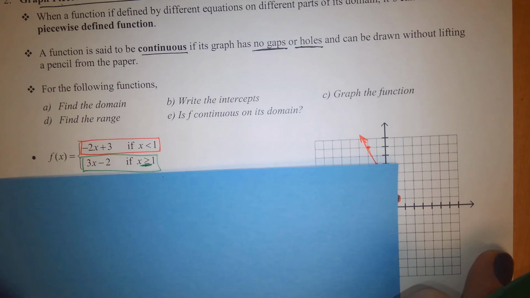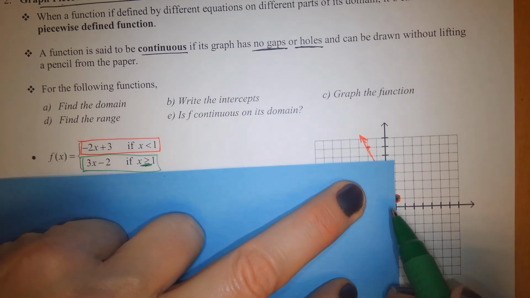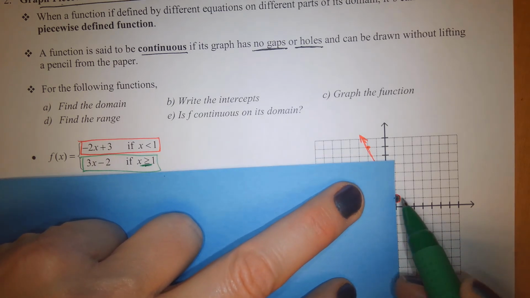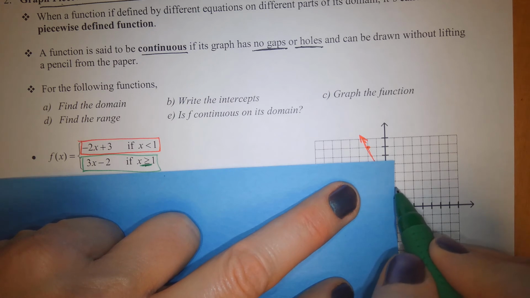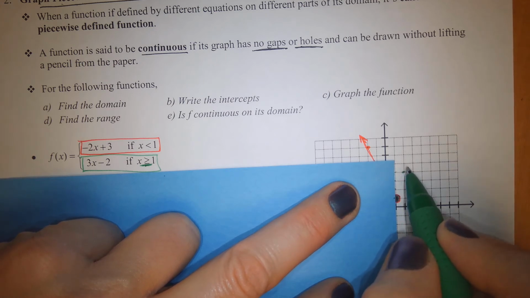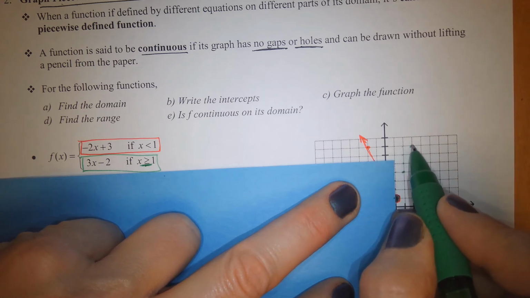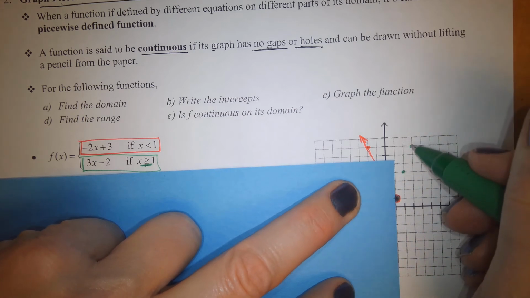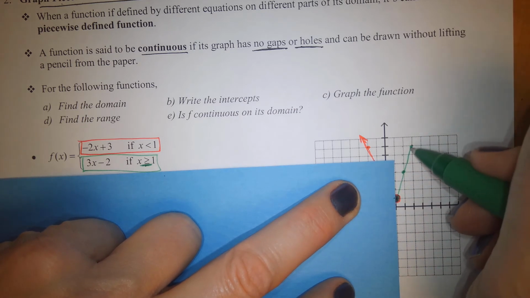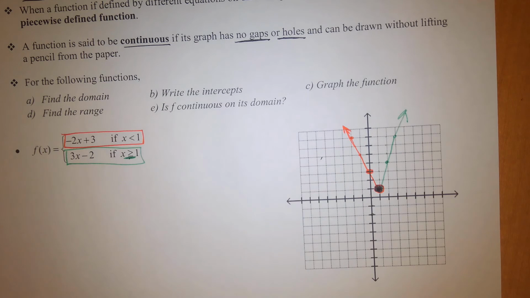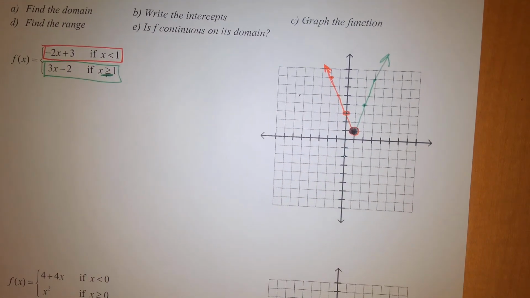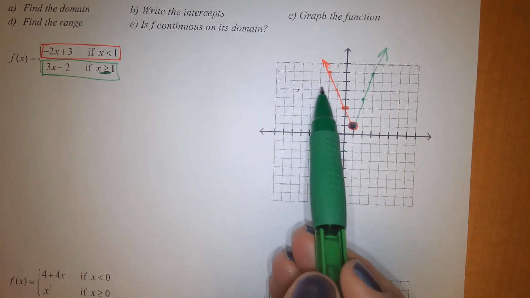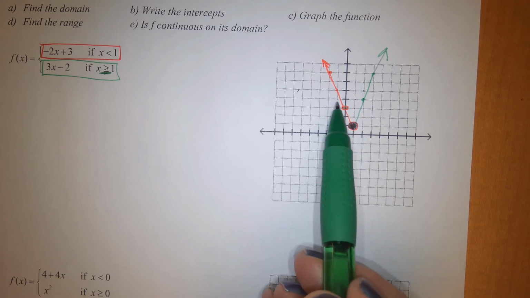Then I'm going to move to the right from that point. So if this point is included, I have a slope of 3. So I'm going to go up 3 over 1, up 3 over 1. And then when I connect these points together, this is the graph that I'll have. It's basically a V, but it's got two different slopes on each side.